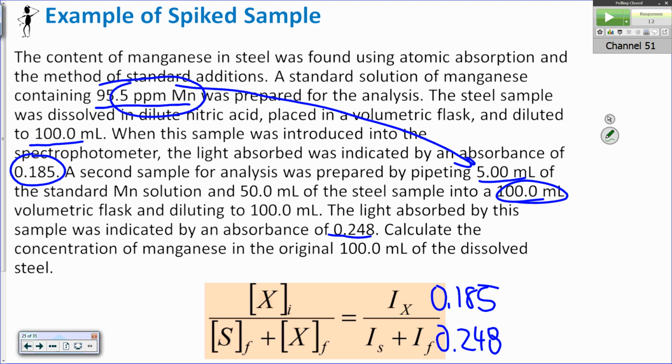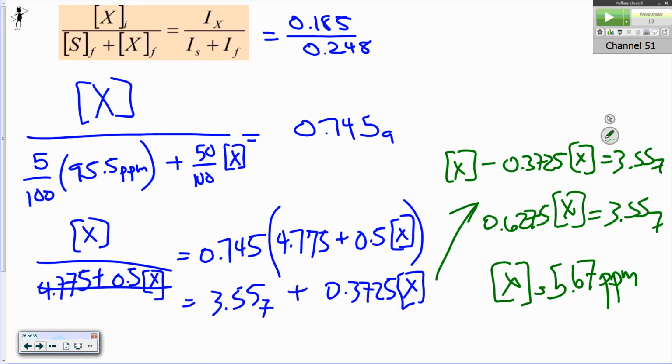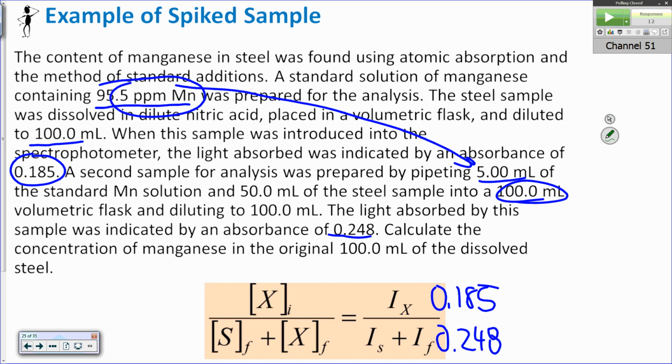Okay, so first thing I got was the information from undiluted. It tells me I took the 100 ml sample, took a portion of that and analyzed it, and I got my 0.185. So there's no original dilution of it when I got my 0.185. Now I'm finding out the concentration of the standard once I've diluted it down, the concentration of S sub F. So I took 5 mils of it and placed it into 100. I took 5 mils of that, 50 mils of the steel sample, and diluted it to 100.